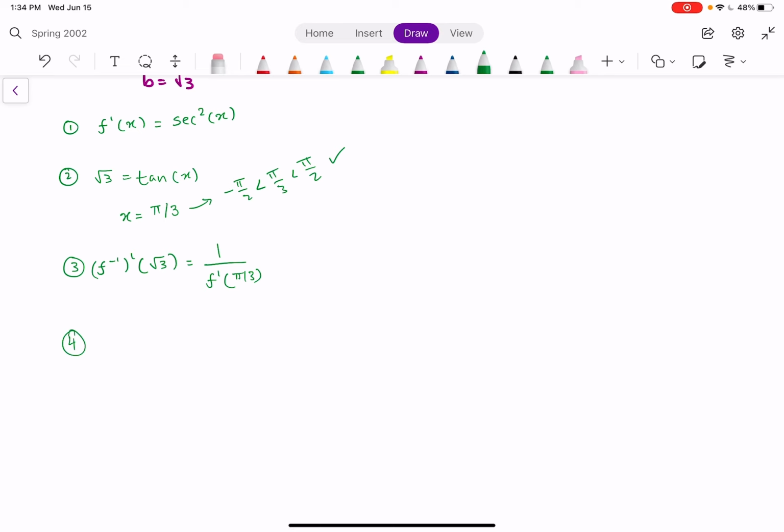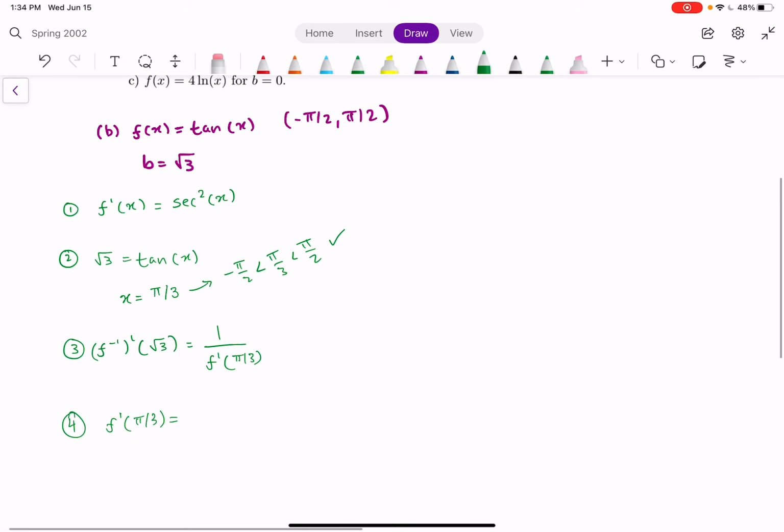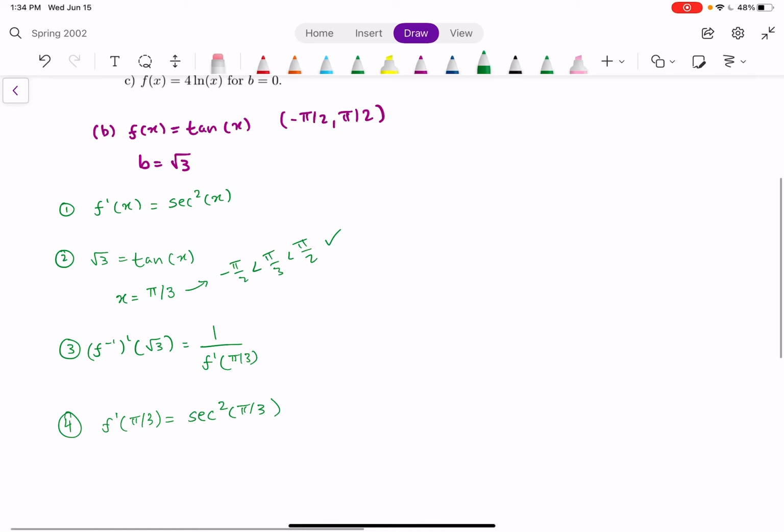So f prime of pi over 3 equals, we know that f prime is equal to secant squared x, so it's going to be secant squared pi over 3. We know that secant of pi over 3 is 2, so essentially this is secant of pi over 3 times secant of pi over 3.